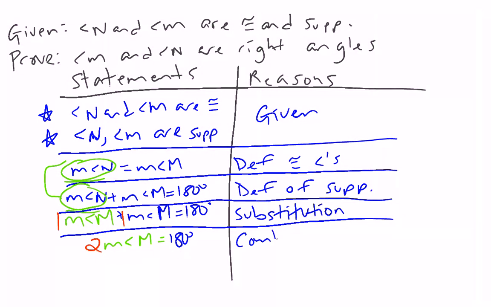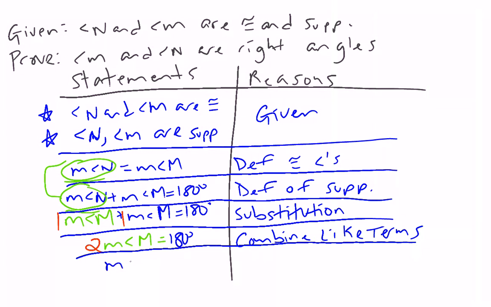I'm going to say combine like terms. Okay. And now what I can do is divide both sides by 2, and I get that the measure of angle M is 90 degrees. And that was by the division property of equality.